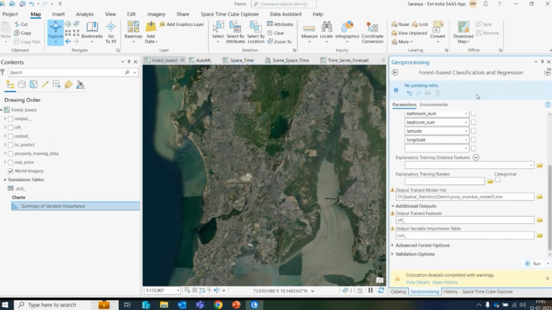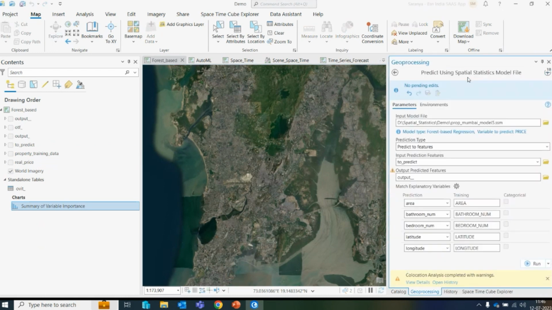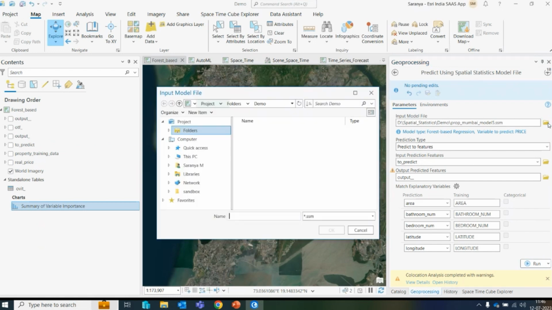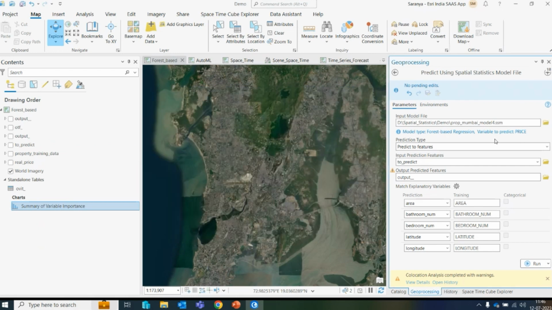Once you have trained your model, you can go to predict using a spatial statistics model file. Once you run the tool, this is how the SSM file would look. Let me choose the right model file, and the other variables will get auto-populated.